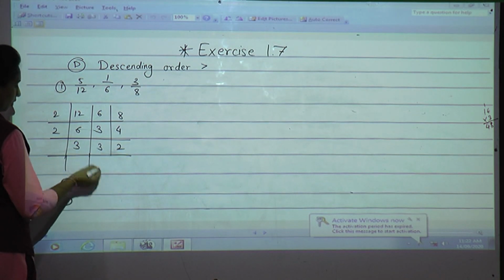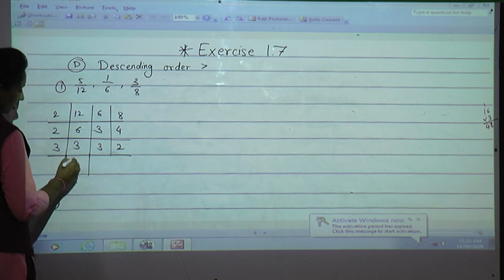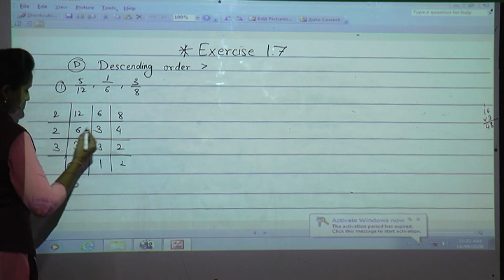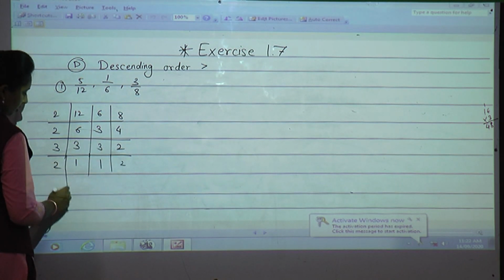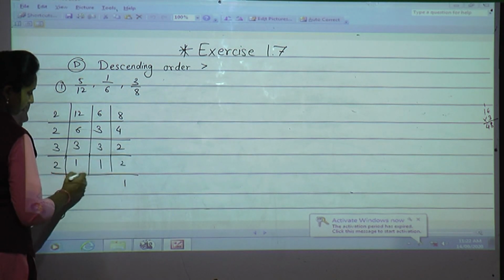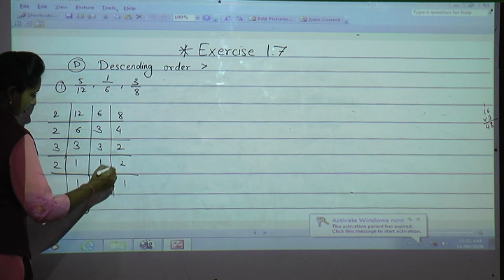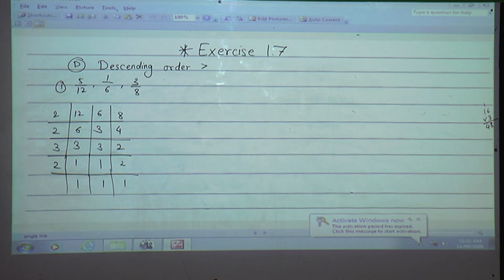Now again I'll go with 3. 3 1s are 3. 3 1s are 3. 2 remains as it is. The next, 2 1s are 2. This one remains as it is. So in this way you can do this LCM together. Clear? Yes.